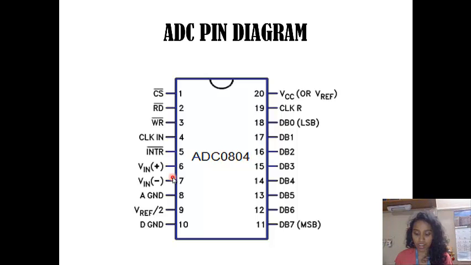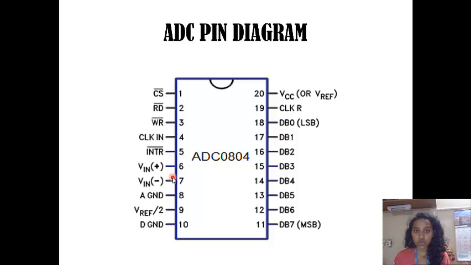And when CS is equal to 0, a high to low pulse is applied to the RD pin, which is opposite to the WR pin, where a low to high transition is given. So the third pin, the WR write pin, is to inform the processor to start the conversion. For WR, a low to high transition is given to tell the processor to start the conversion process.